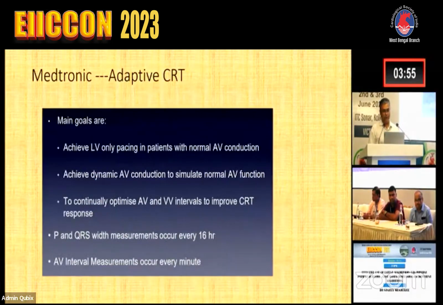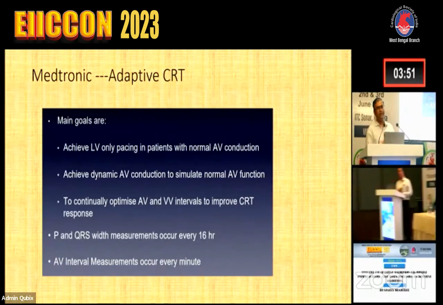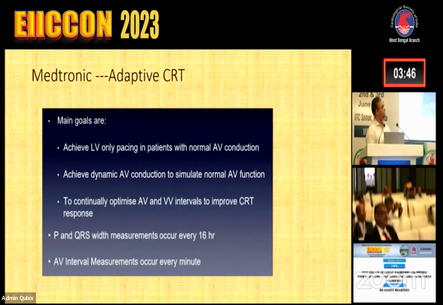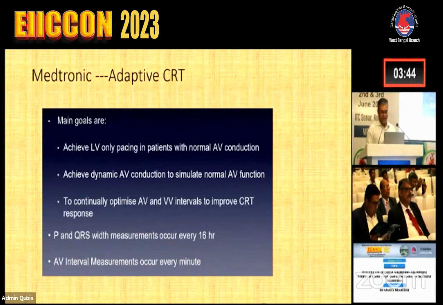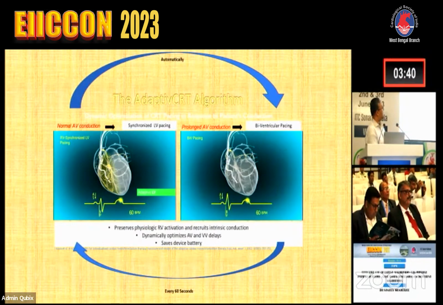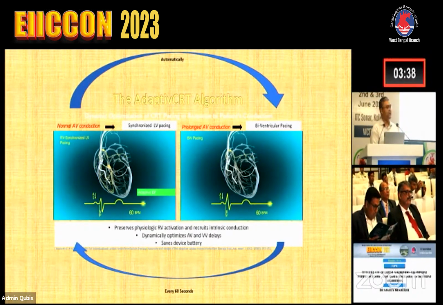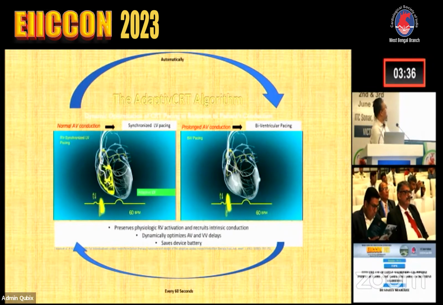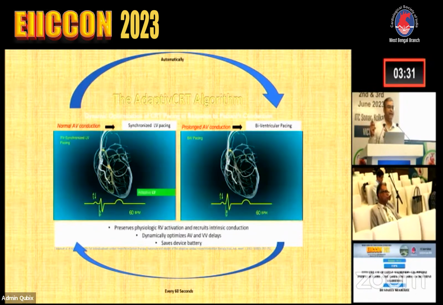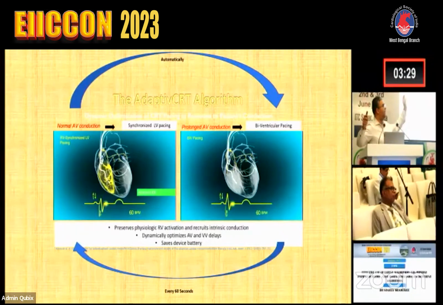What about Medtronic? They have got AdaptiveCRT, and this is also kind of a similar algorithm. There are certain caveats to it, but suffice to understand that this is also going to do the same thing. If the patient has got an intrinsic conduction, which most of our patients will have, the device will allow the intrinsic conduction and go into LV-only pacing. That is, only the LV lead will pace, allow the intrinsic conduction, and fuse it.